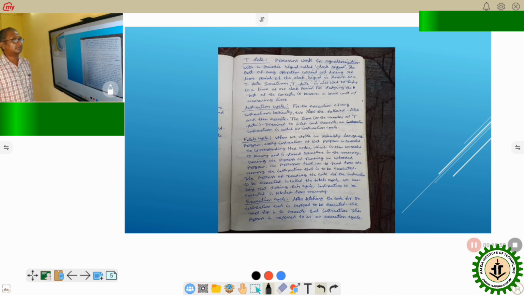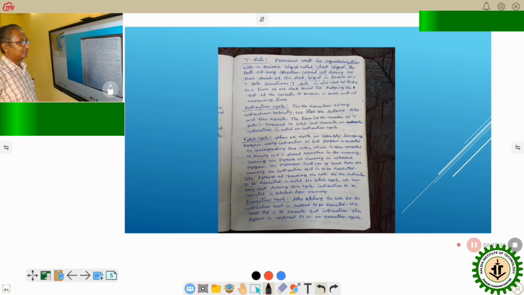So the assembly language program converts to hex code for its execution, and again it becomes binary codes. During the process of running an uploaded program, the processor first has to read from the memory the instruction that is to be executed. The process of reading the code for the instruction to be executed is called the fetch cycle.